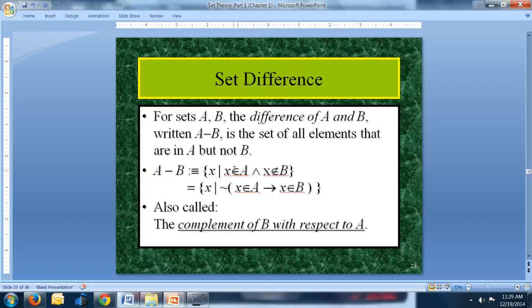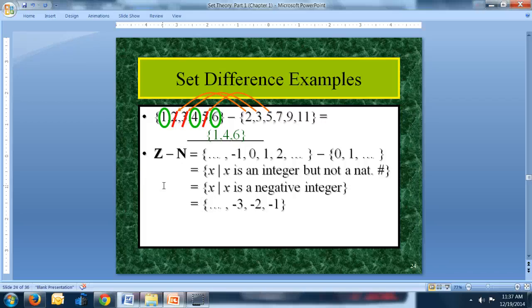We refer also to the differences that I mentioned before, A minus B. Now, the set difference, as I identified before, if we say A minus B, then we keep the items in A and remove the items from A that belong to B. As we can see from this next graph, we have a set that has the numbers 1, 2, 3, 4, 5, and 6, minus another set that has some common elements, which are 2, 3, and 5.